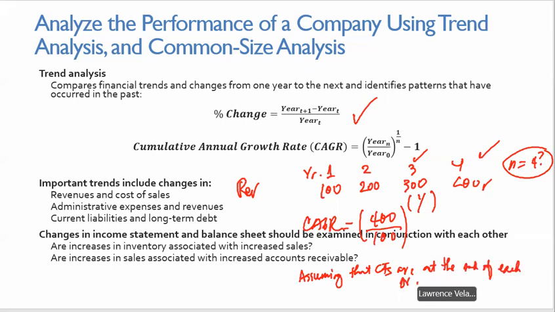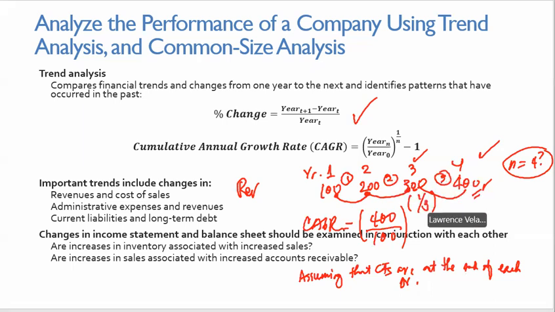Okay? You have to consider that. Okay? So if it's at the end of year 1, so this is end of year 1 to end of year 2, diba? End of year 2 to end of year 3, end of year 3 to end of year 4, naging 400 yung amount. So the compounding period is actually 1, 2, 3 years and not 4 years.